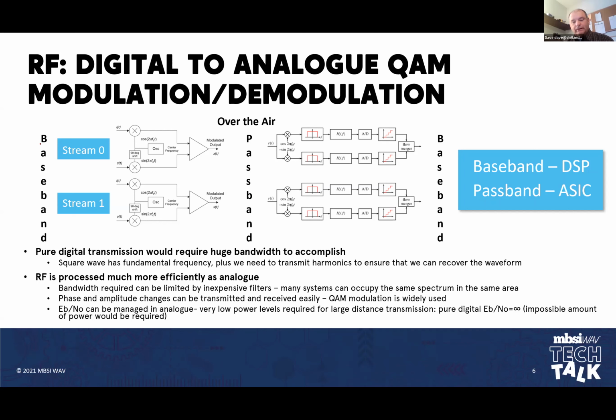So baseband is digital, passband is analog RF over the air. It's then received at the other end, and filtered. These are a graphic of filters, and then we undo the modulation process and turn it back into baseband again.